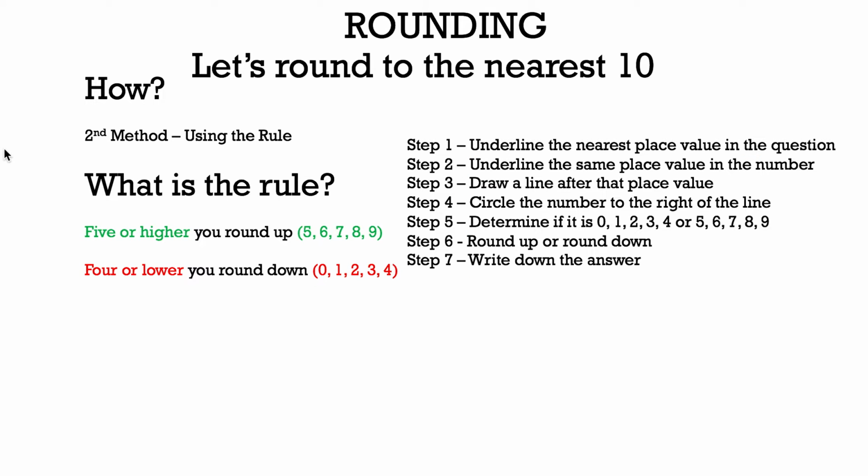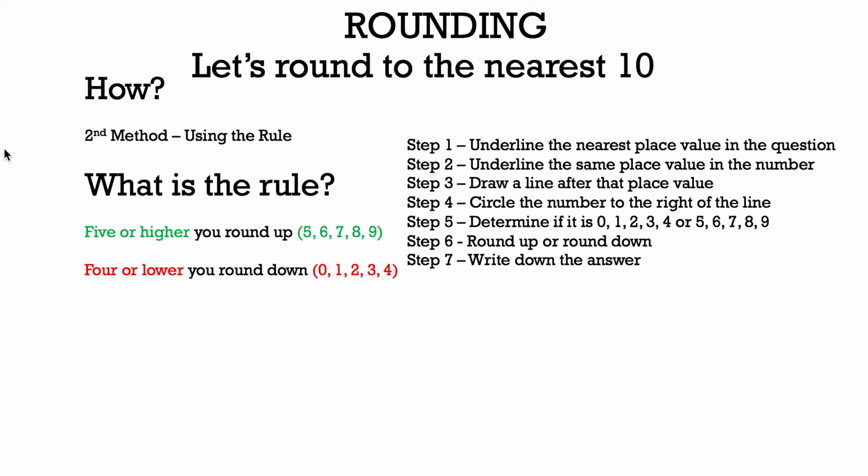Now let's round to the nearest 10. If you follow these steps, you'll get it right, and you don't have to write all the steps down, but just pay attention and follow along. Step 1, underline the nearest place value in the question. Step 2, underline the same place value in the number.